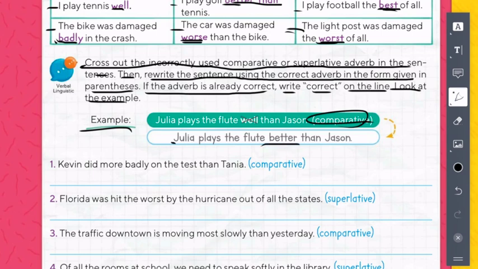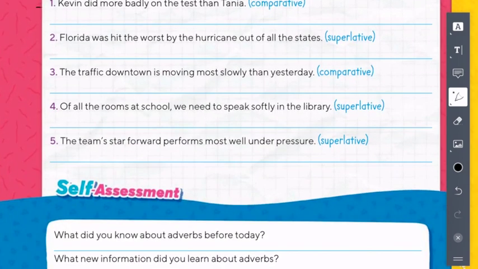Okay? So we're going to cross out when the adverb is incorrect, and we're going to rewrite the sentence in the correct way. And if the sentence is correct, we're going to write down correct. Let's check number 1. Kevin did more badly on the test than Tanya. And it says it needs to be comparative. Okay? What is the comparative of badly?